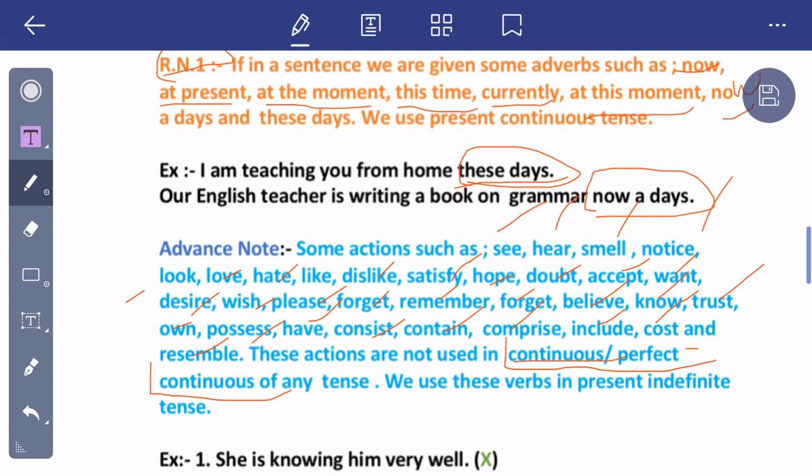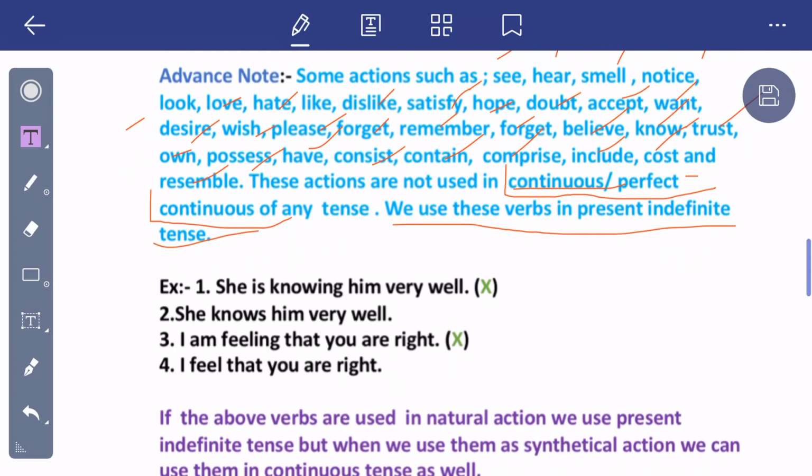We use these verbs in present indefinite tense, and if it is a past sentence, then past indefinite, if a future sentence, then future indefinite. Okay, clear up to now? You have to make these verbs very clear to your mind, so that you may very clearly write or learn these. Now let's have a look at the next part also.